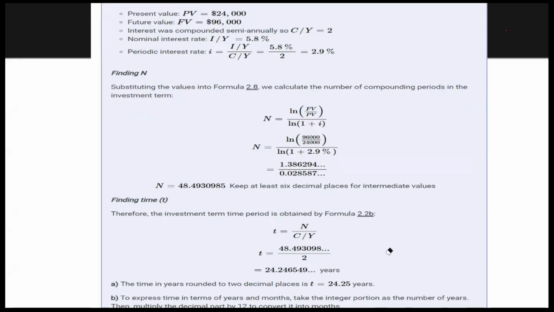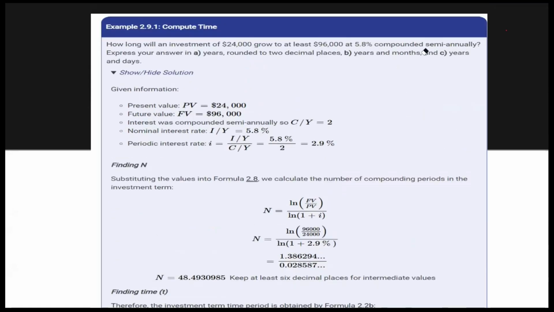You can look at how they convert that to years and months and years and days. That's arithmetic; you do that to tickle your brain.